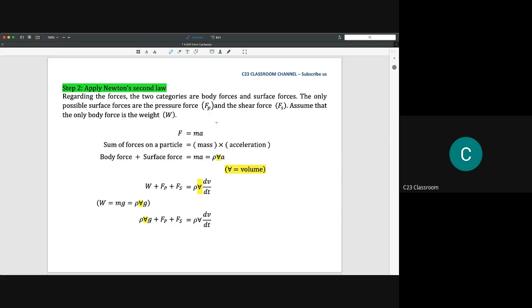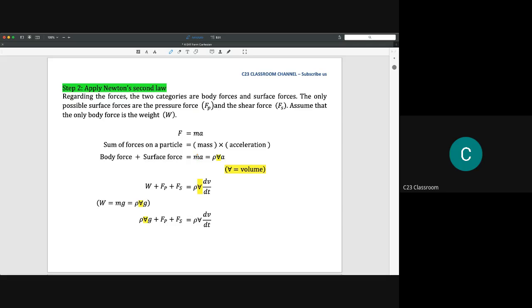Okay, the main idea to calculate the force is F equals ma, where m is the mass and a is the acceleration. The total force that occurs in this situation is the body force plus the surface force, which is equal to mass times acceleration.